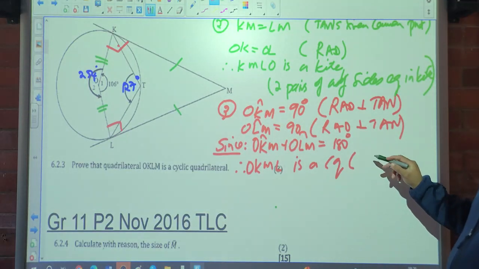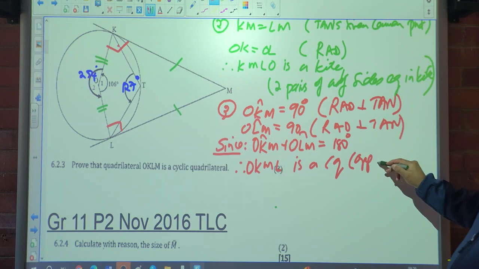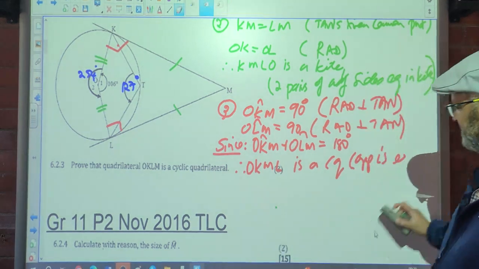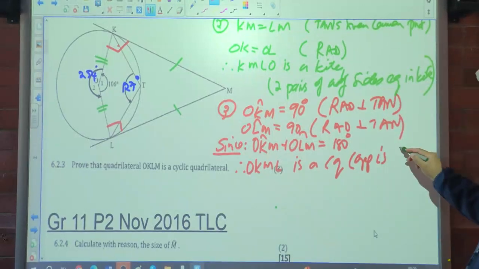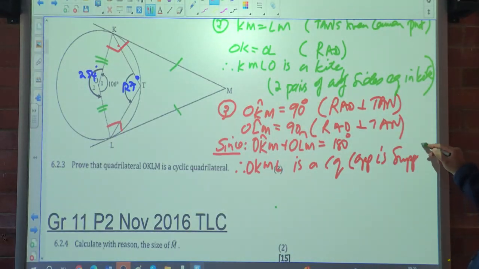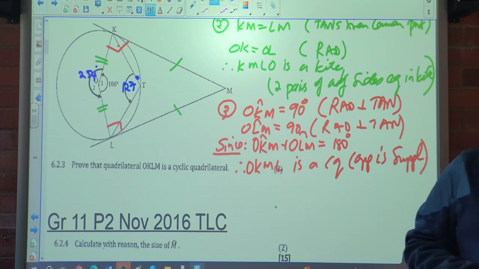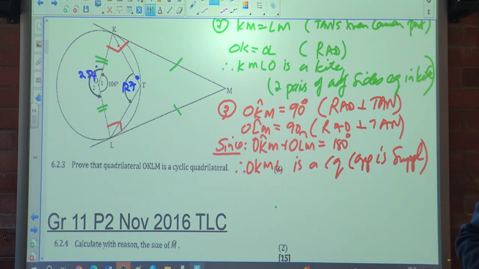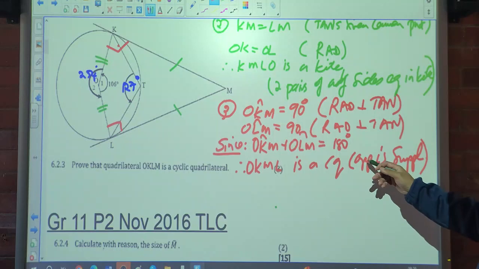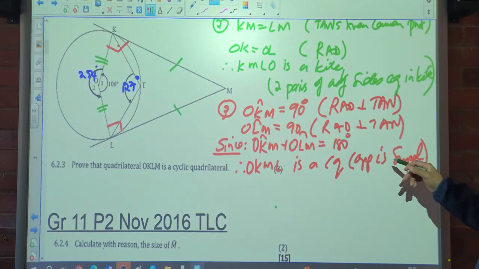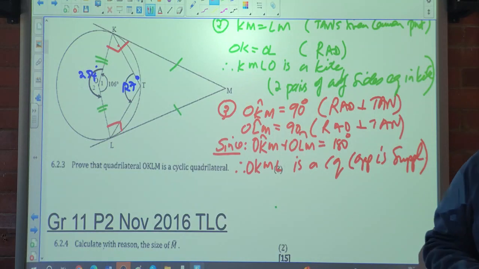Why? Because opposite angles are supplementary. Which means the opposite angles add up to 180. Otherwise, you could have said the converse of opposite angles of a cyclic quad.